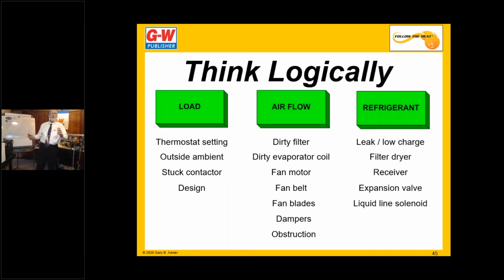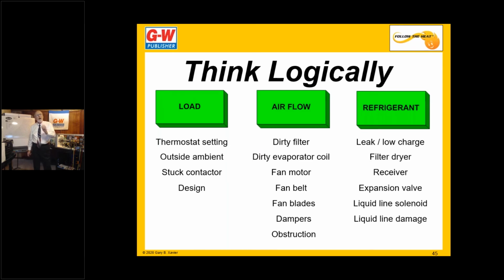Maybe there's a solenoid valve in the liquid line. Some of our refrigeration systems have those, where we use hot gas bypass, for example, but maybe it's a solenoid valve that's closed. Maybe it's damage to the liquid line itself. I've seen liquid lines that somebody somehow managed to put a foot on or something, and they squashed the line down a little bit, and it made a restriction in flow.